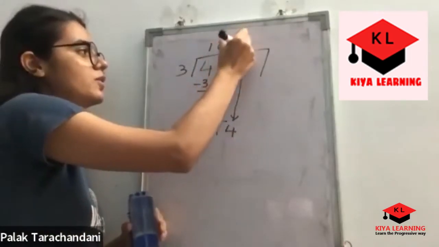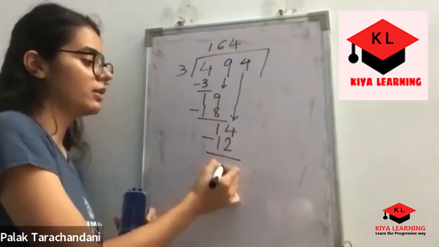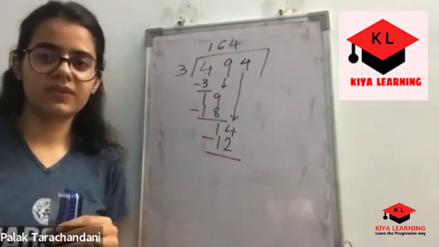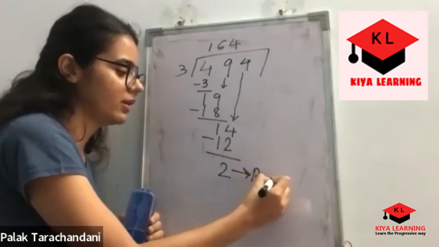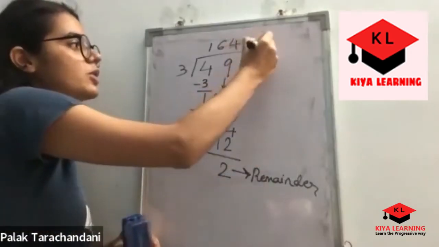Perfect. 3 times 4, which is 12. You again subtract both of these numbers. What is your answer then? 14 minus 12 is 2. Perfect. So in this case, what is your remainder? The remainder is 2, and this becomes your quotient.